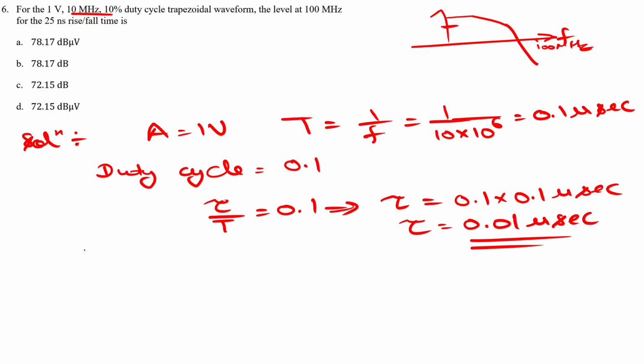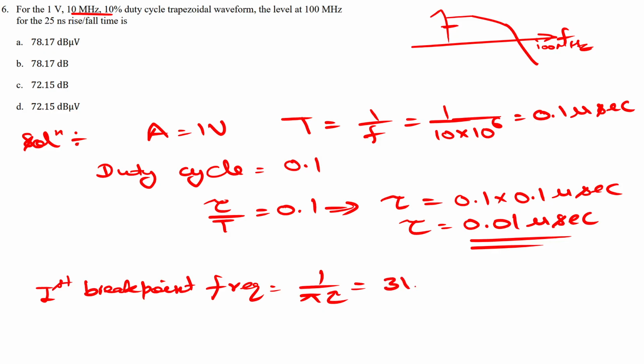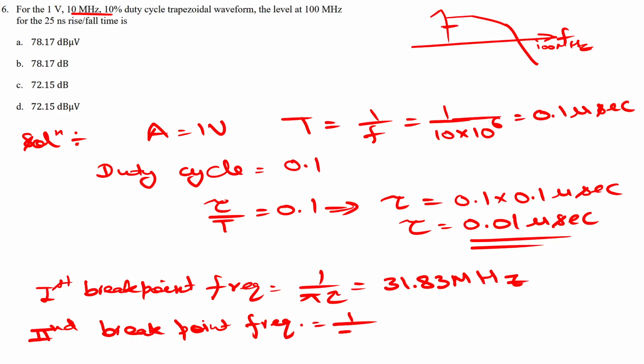So now using this we can calculate the first breakpoint frequency, which is 1 by pi tau, and when we solve this we will get 31.83 megahertz. And the second breakpoint frequency will be 1 by pi tau r.